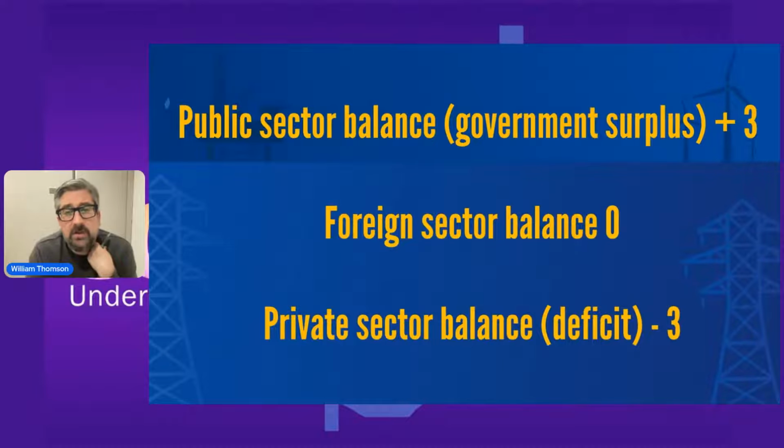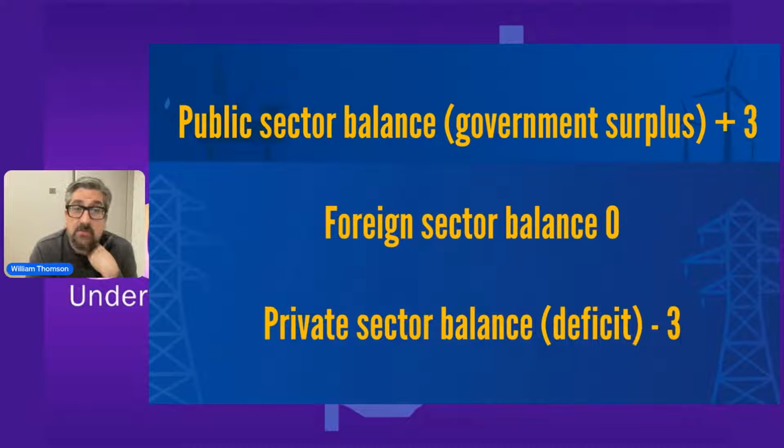Now, a better way to look at that, rather than these zeros and them summing up, is to say, well, if it all has to sum to zero, and the public sector balance, which is the government, is 3% of GDP, so the government runs a 3% surplus, and the foreign sector balance is zero, then the private sector balance must be, by definition, minus 3% of GDP.